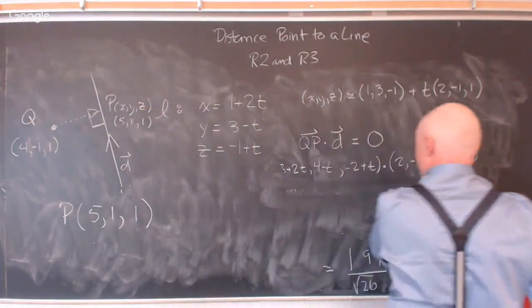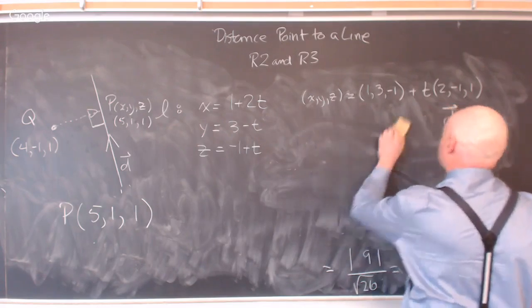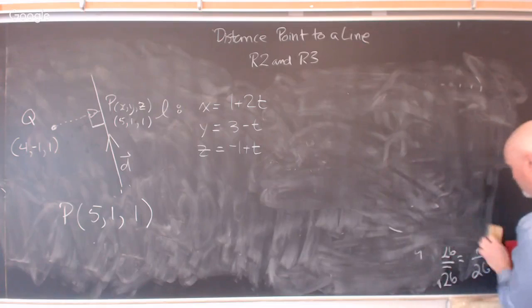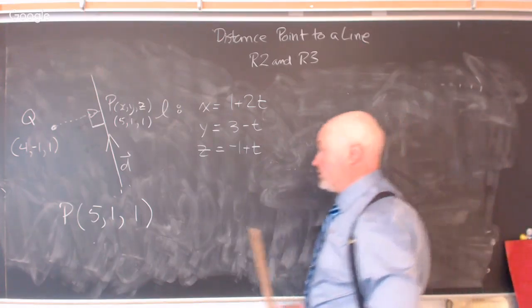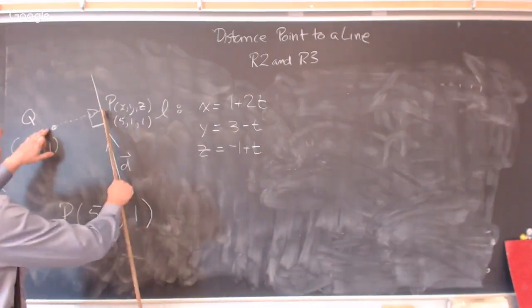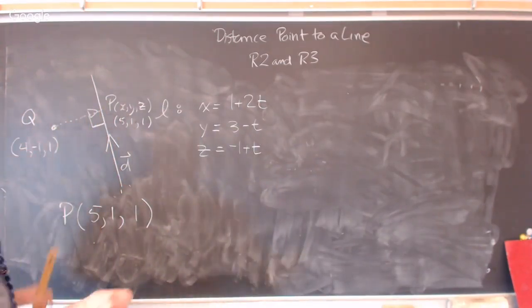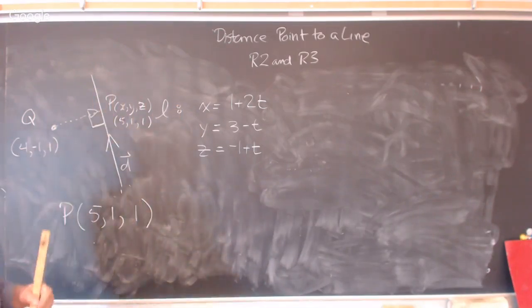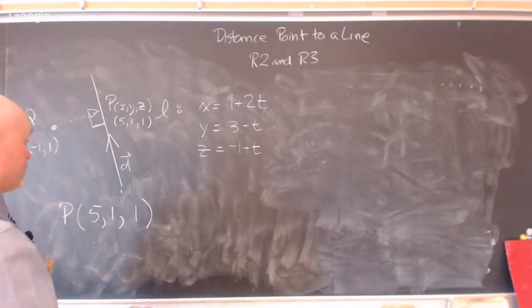Okay, I found the point that is, when I connect Q to P, it's perpendicular to the line. Now, normally the question is, what is the distance from Q to the line? And so basically I have to find the magnitude of QP. So I need to figure out what QP is as a Cartesian vector and then just do the magnitude, okay?